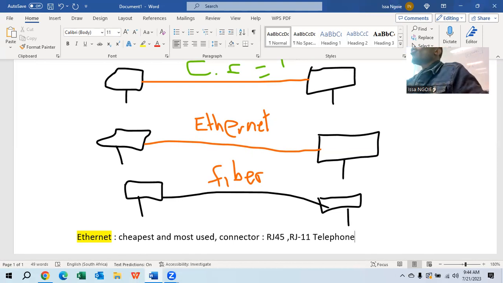You can see your router, like at home, your wireless access point, they got that small port. This is for RJ11. But the connector for the Ethernet, we call it the RJ45. All right? You can go further from the internet.